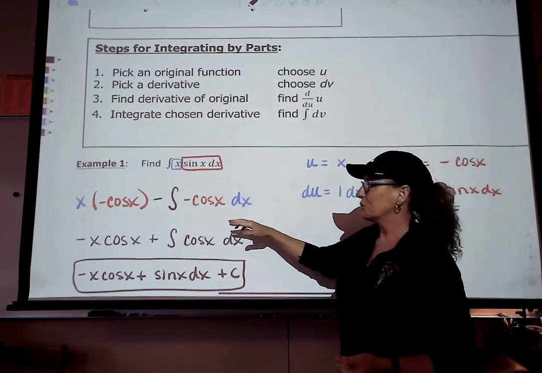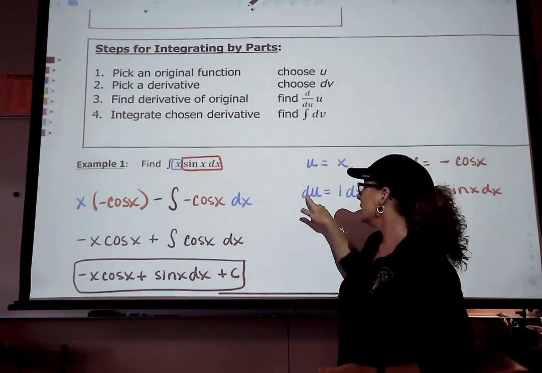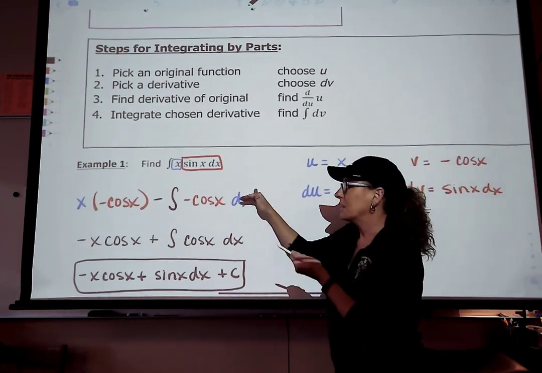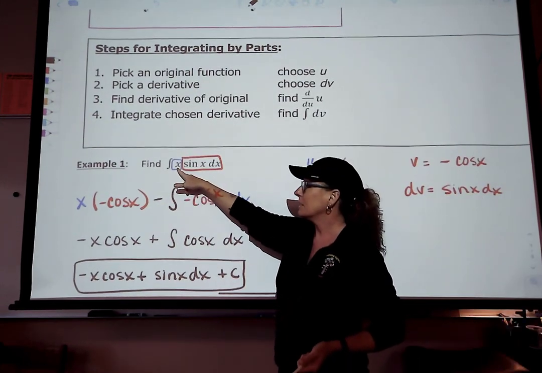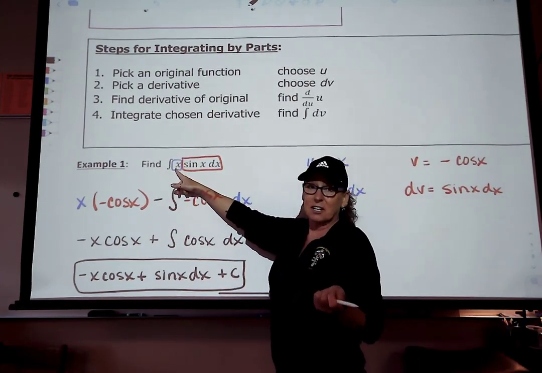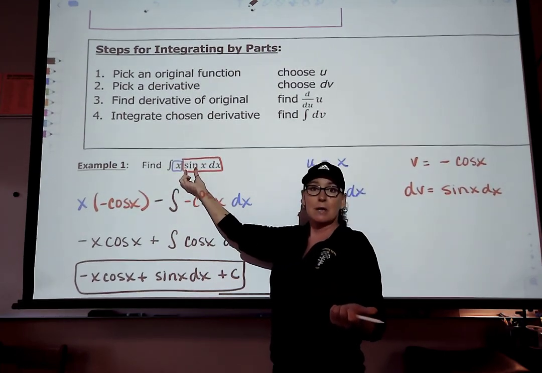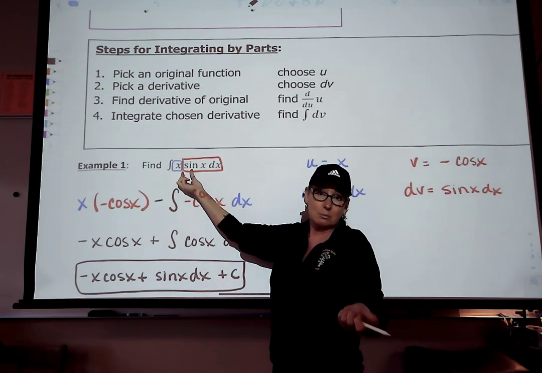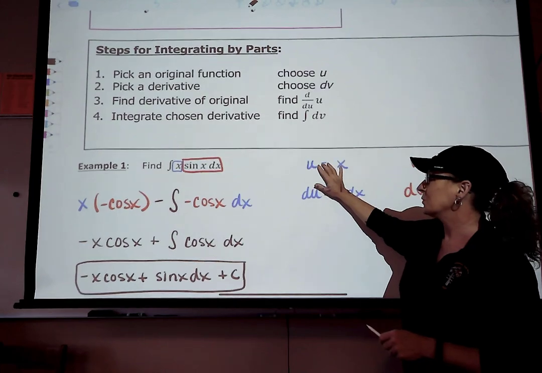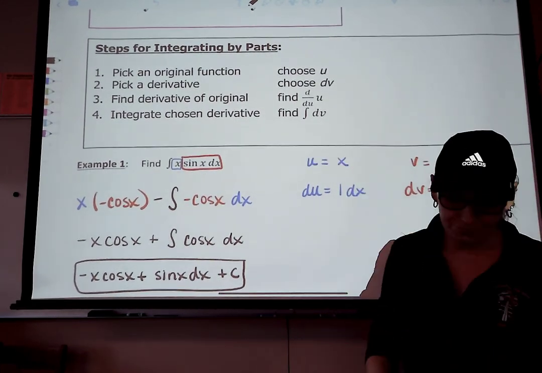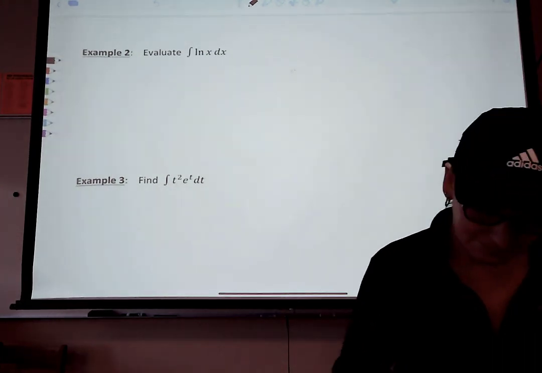So whenever it's time to go u times v minus the integral of v du, I don't have to throw another x back into my integral. Because that was the problem here, right? X by itself is easy to integrate. Sine x by itself is easy to integrate. You throw them both being multiplied together in the same integral, that's nearly impossible without using integration by parts. So that's what I typically try to do if there's one of these available, which there's not always.